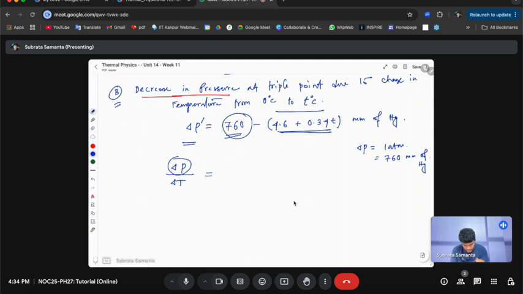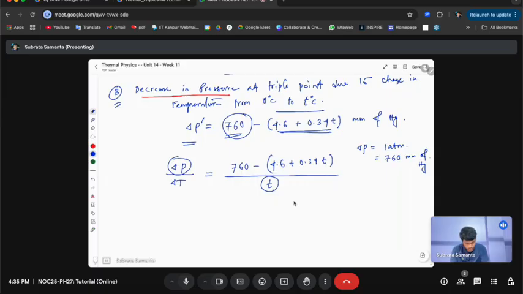And this one is basically 760 minus 4.6 plus 0.34 T, over T, right? So this T is the temperature at the triple point.